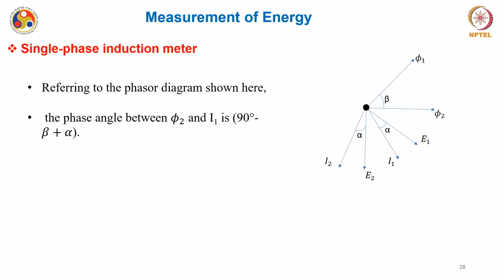Now a phasor diagram can be drawn for all these parameters: phi 1, phi 2, I1, I2, E1, E2, and the phasor diagram looks something like this. If you see this phasor diagram, the phase angle between phi 2 and I1 is equal to 90 minus beta plus alpha.